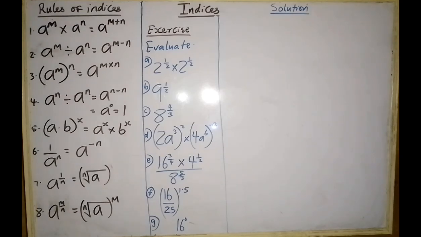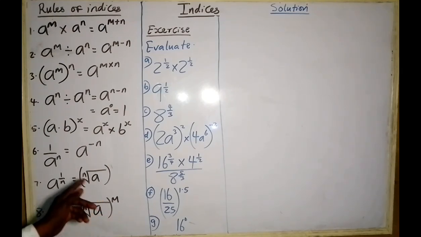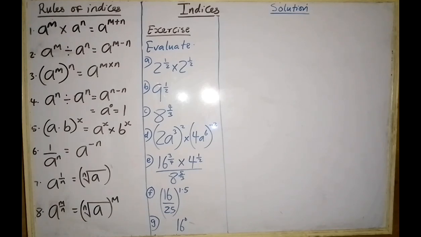Now, the eighth law of indices is similar to the root power law. The difference between the root power law and the fractional index law is that the fractional index law has a fraction of different values and not 1 over n or 1 over 2. In this case, the m stands for a particular number and the n also stands for a particular number. For instance, we can have 3 over 2.